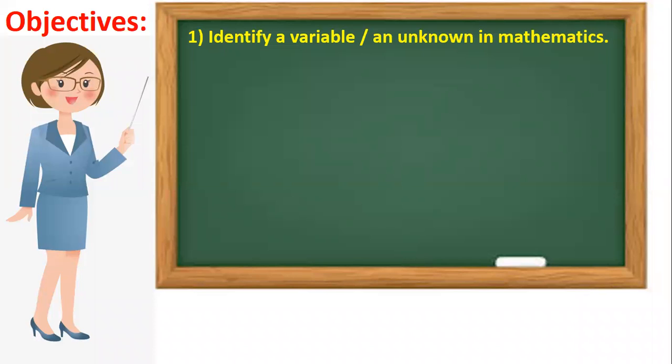How do we represent a variable or an unknown in mathematics? To represent it, we use a letter. If I have a closed box and I say inside this box I have apples, do we exactly know how many apples we have inside the box if it is closed?